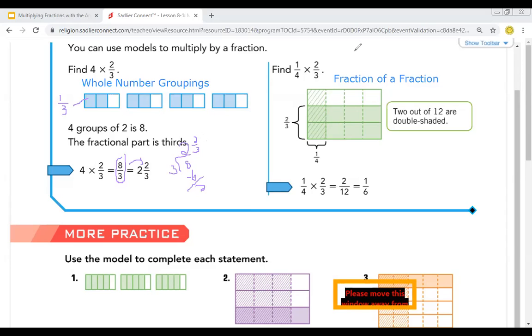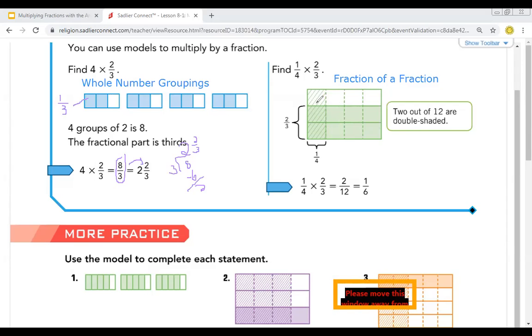Now let's talk about fraction of a fraction. So fraction of a fraction is demonstrated on one whole because it's a part of a number. And so when you're taking part of a number, you're setting aside a part of it and then taking only a part of the part you set aside.